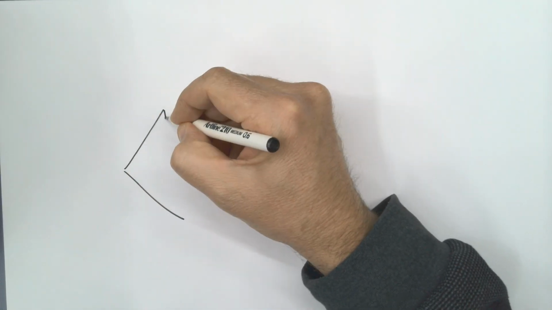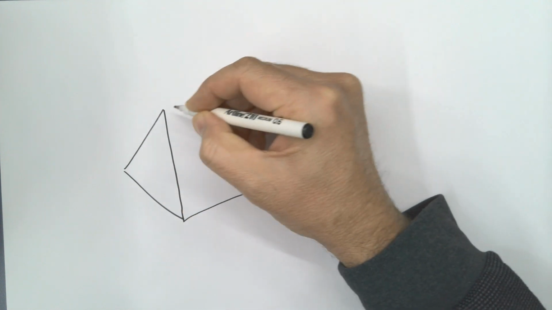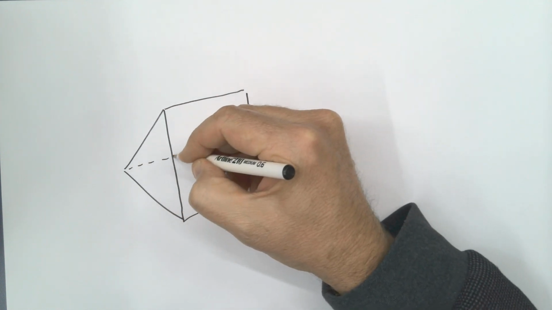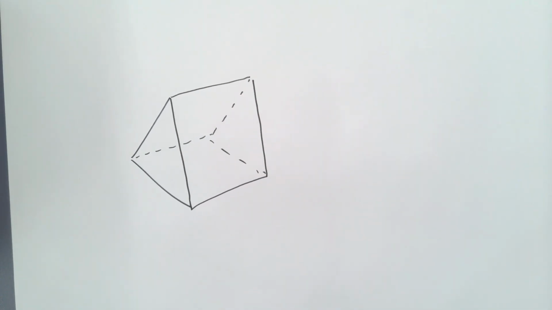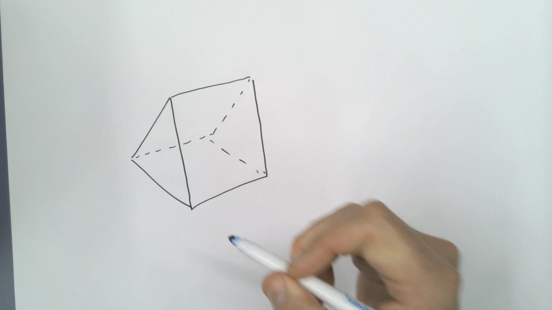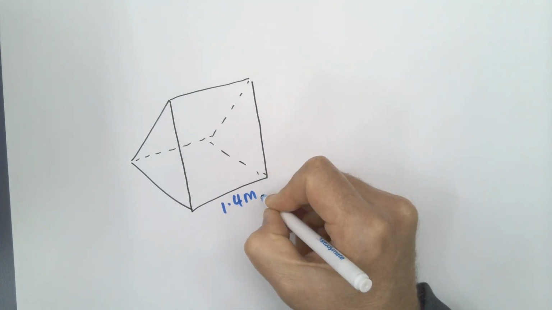All right, so here's a triangular based prism. Okay, so let's say we've got 1.4 meters that way.